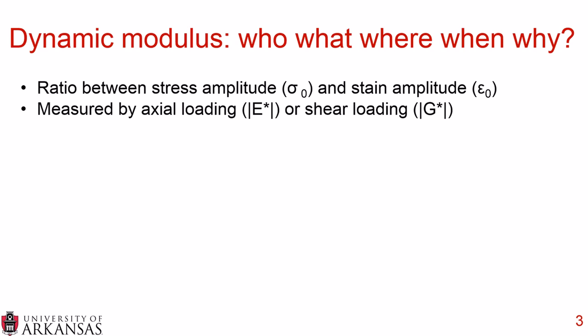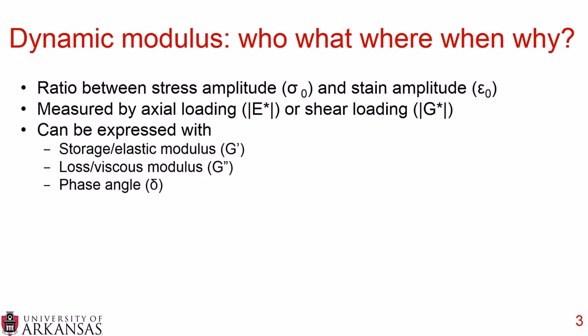How are E star and G star calculated? Well, they're often calculated by a combination of the storage or elastic modulus, which is G prime, and the loss or the viscous modulus, which is G double prime, and that can be correlated and compared to the phase angle.